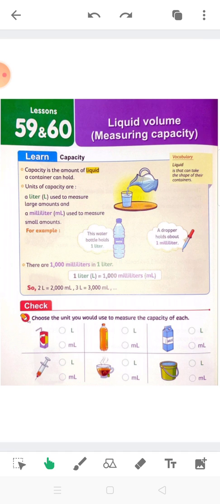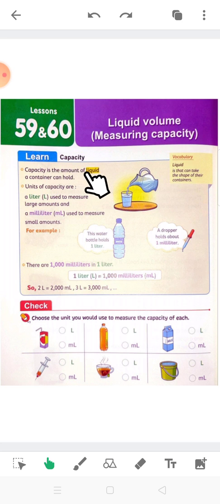Let's see the next 2 lessons. And these lessons are the last lessons in our syllabus for the first term. Okay, for the first term. Let's see. We are talking about the liquid volume, or measuring capacity. What does capacity mean? It's a volume for the liquid.